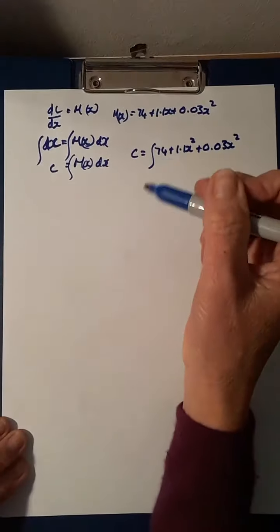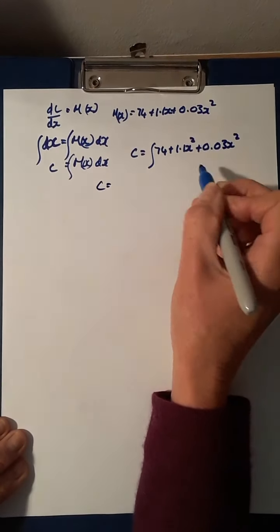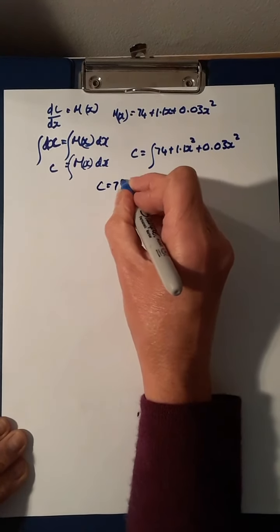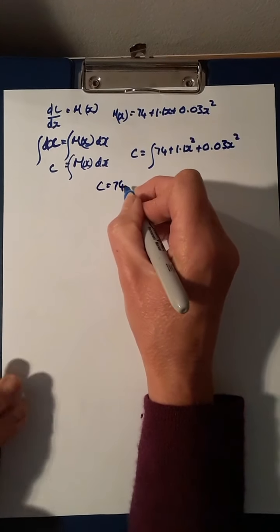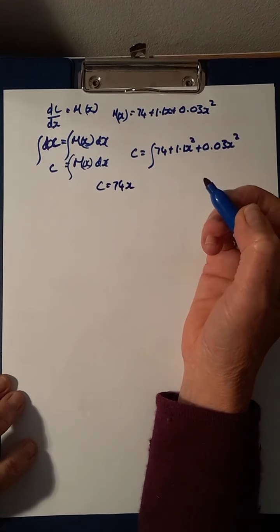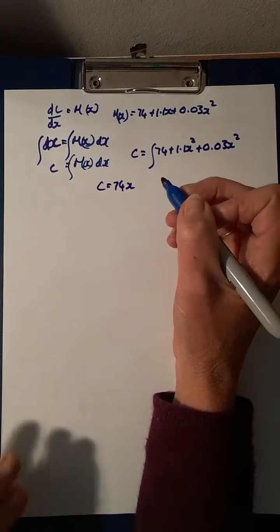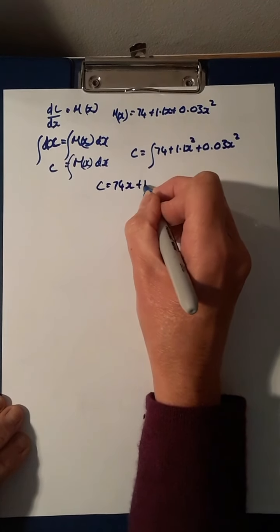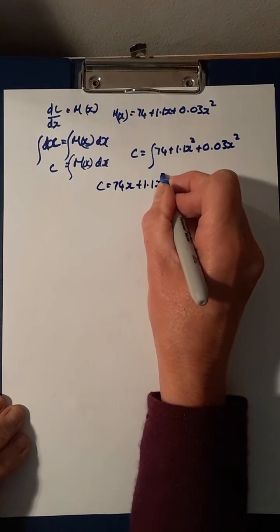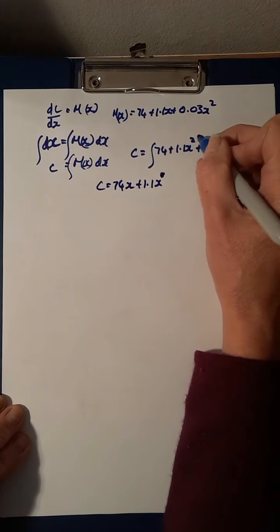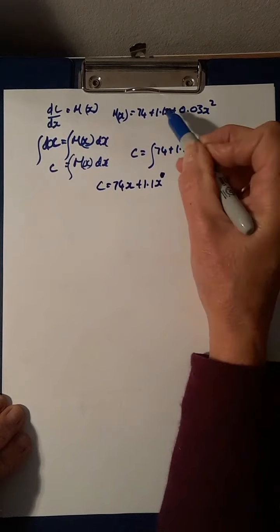So what will this become? So this cost function therefore will become 74x plus 1.1x. Sorry, that's not an x squared, that's just an x. I've taken that down wrong from there.